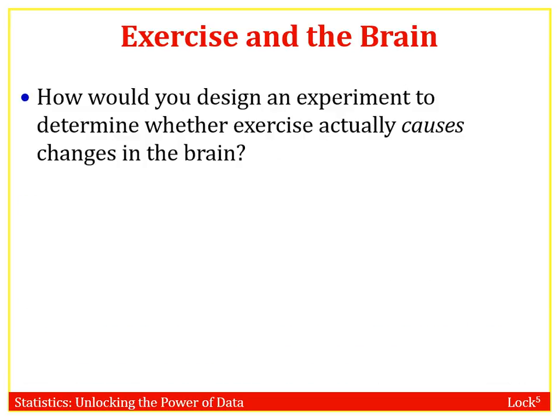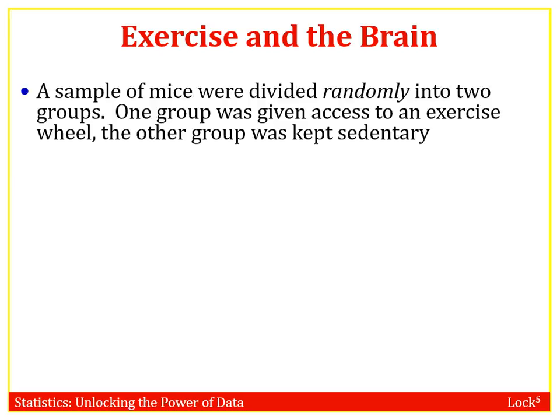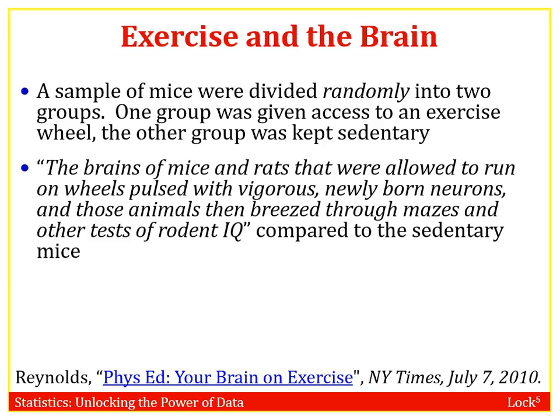So how do you actually design an experiment that would allow us to have some causation occurring? Well, we could take a sample of mice, randomly divide them into two groups, one where they were given an exercise wheel and one where they're encouraged to be sedentary.